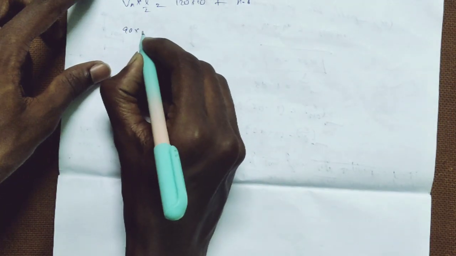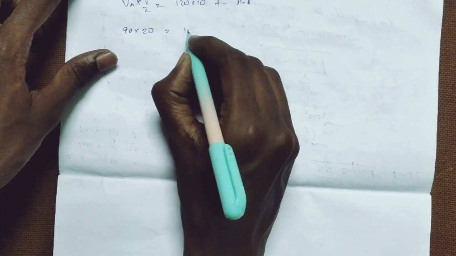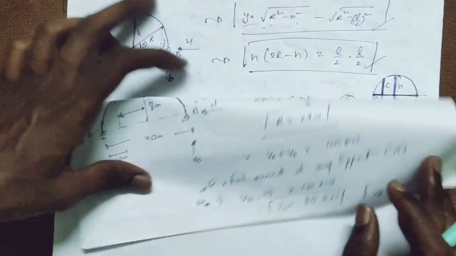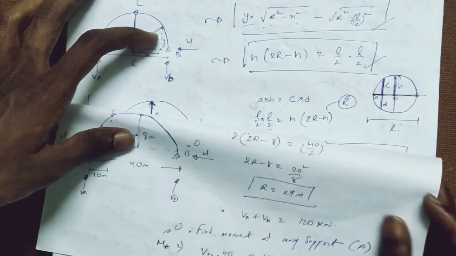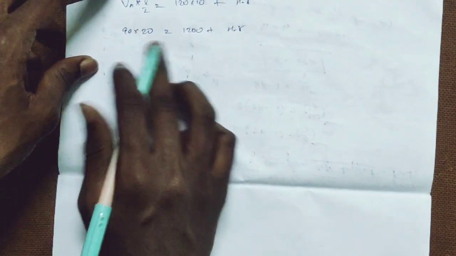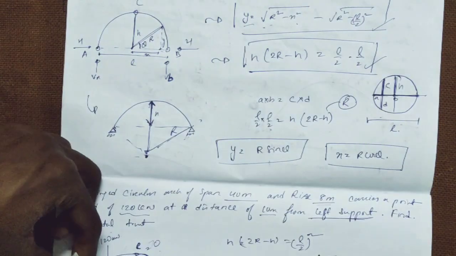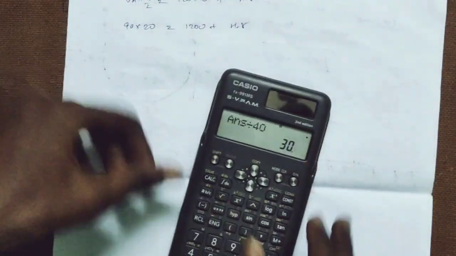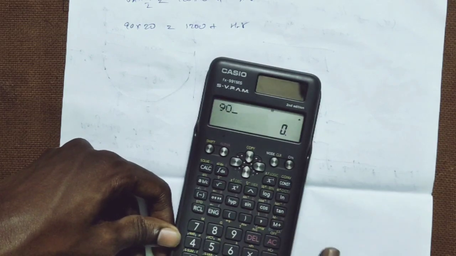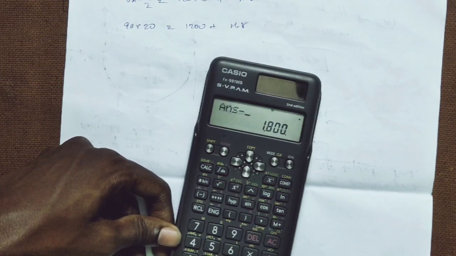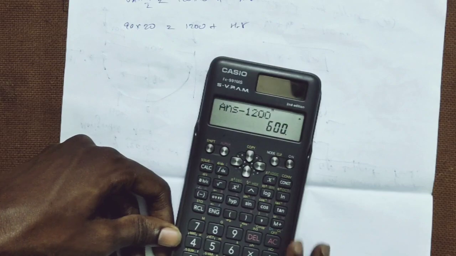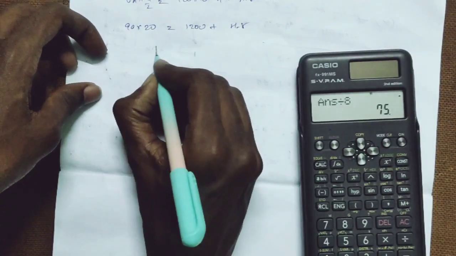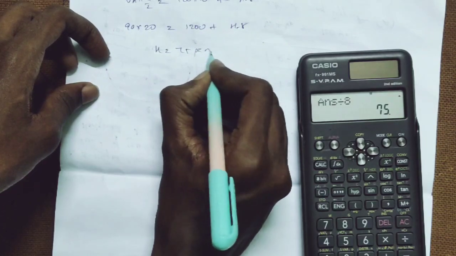So 90 into 20, where L is 40 and L by 2 is 20. So 90 into 20 is 1800, minus 1200, divided by 8, gives 75. So H is equal to 75 kilonewtons.